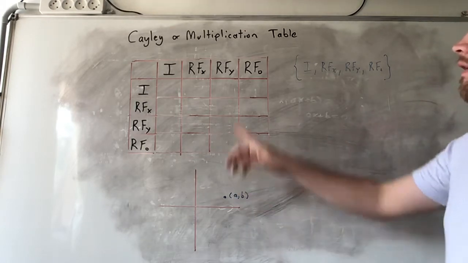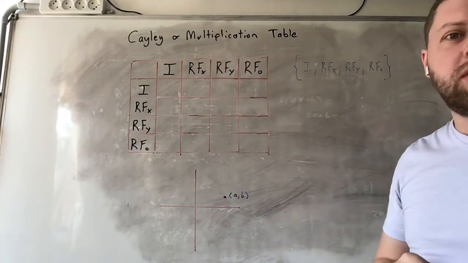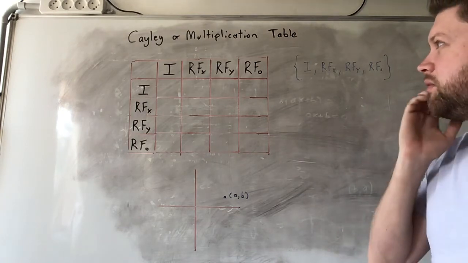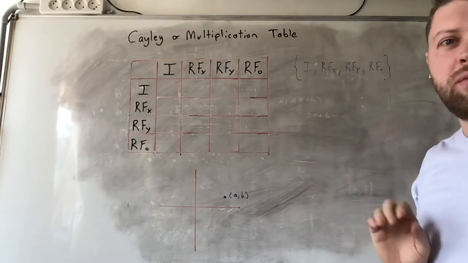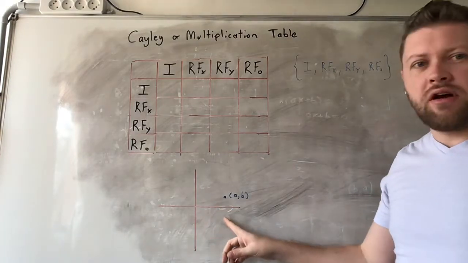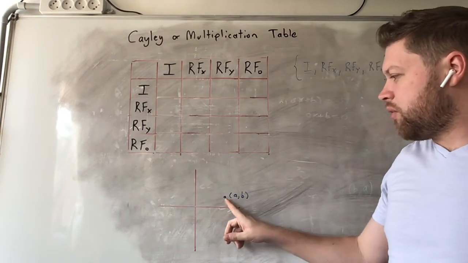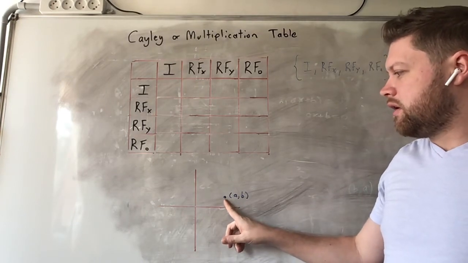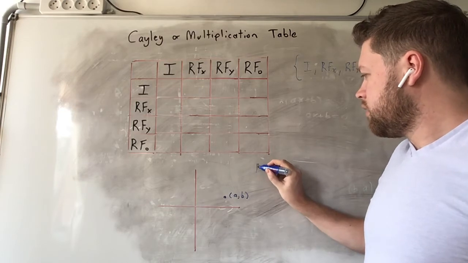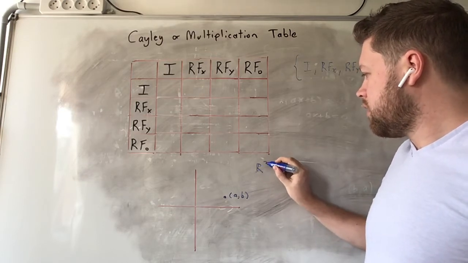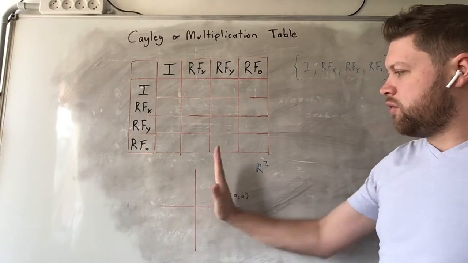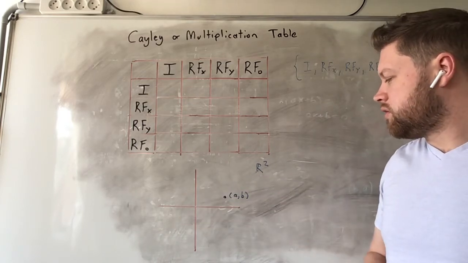This multiplication table is extremely useful for lots of reasons, as we'll see in a moment, but it's also a nice visual representation. We looked last time at reflections of the point AB in the 2-dimensional plane, often called R2, where R stands for the real numbers and you have 2 of them, so it's R squared.